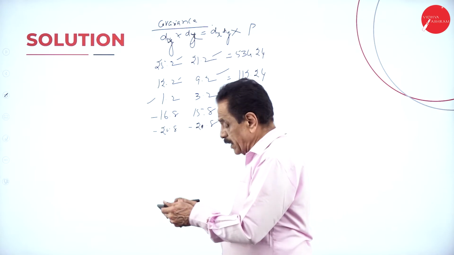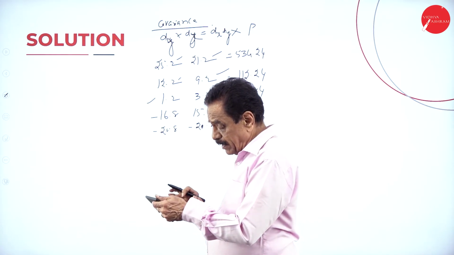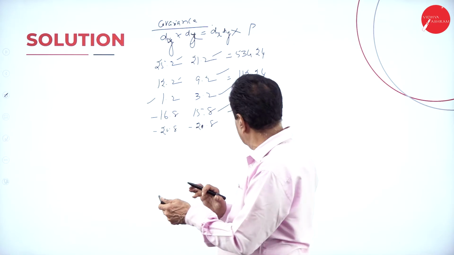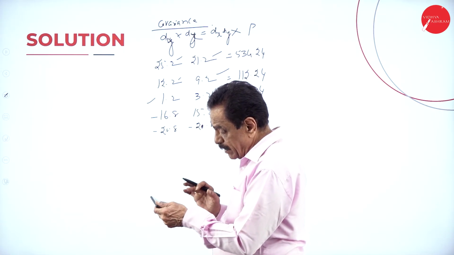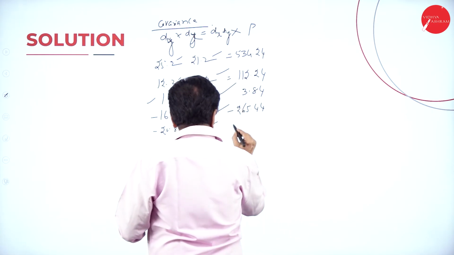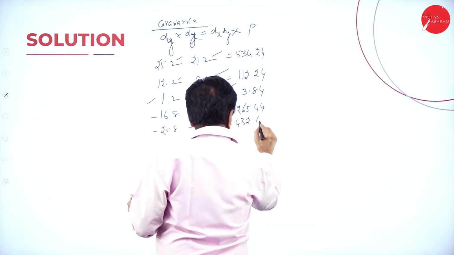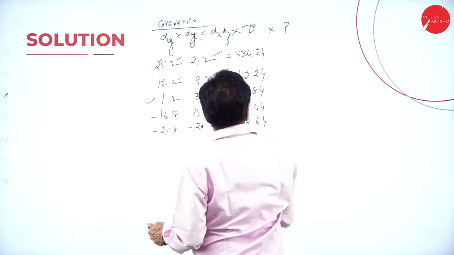Then 20.8 into 20.8, 432.64. Then multiply with probability.